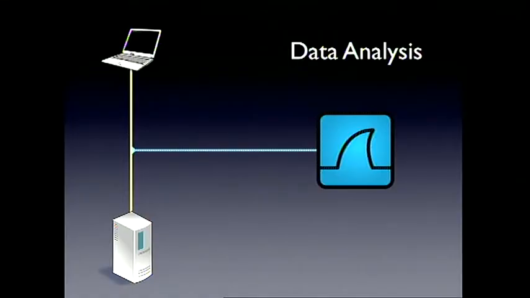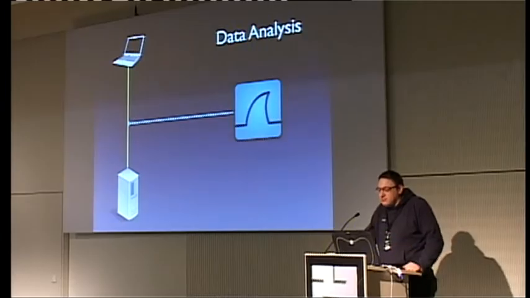So let's see, data analysis. What is it? There's a server, there's a client, and you want to see the traffic on this connection. You just can set up a splitter in a fiber connection and connect it to your analysis machine. In the upcoming slides, I will use this Wireshark symbol just for the analysis machine.